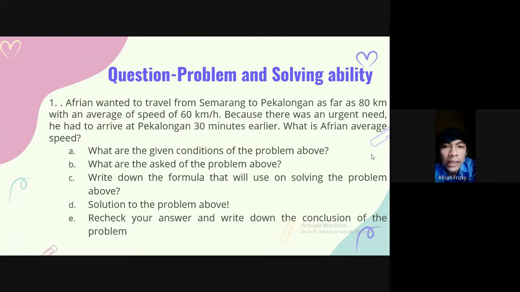And for point D, solution to the problem above, it refers to carry out the plan. So here, student must solve the problem. And the last is to check your answer and write down the conclusion of the problem. So the last is the checking step. Okay, next.